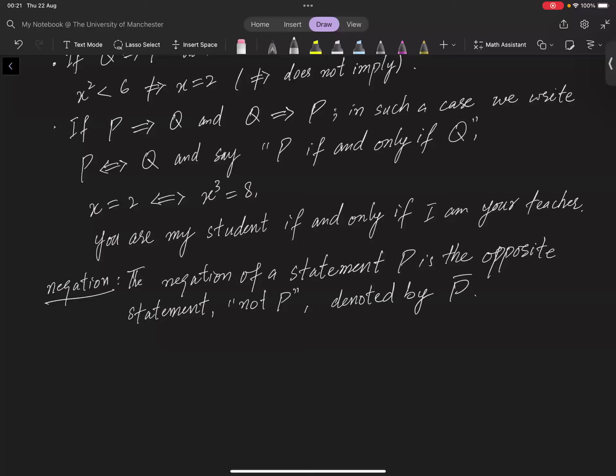Notice if P then Q, then also Q bar then P bar.